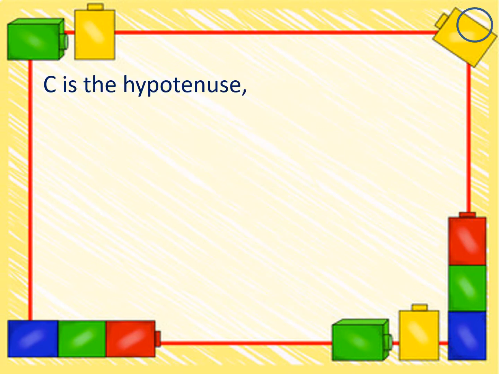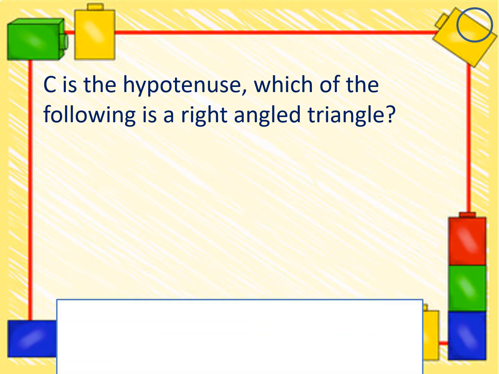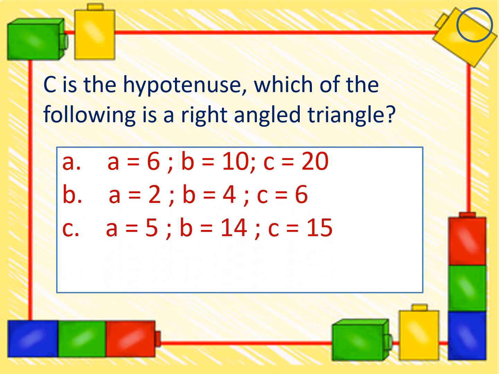How about this problem? c is the hypotenuse. Which of the following is a right-angled triangle? From the choices A, B, C, and D. In A, a equals 6, b equals 10, c equals 20. B, a equals 2, b equals 4, c equals 6.